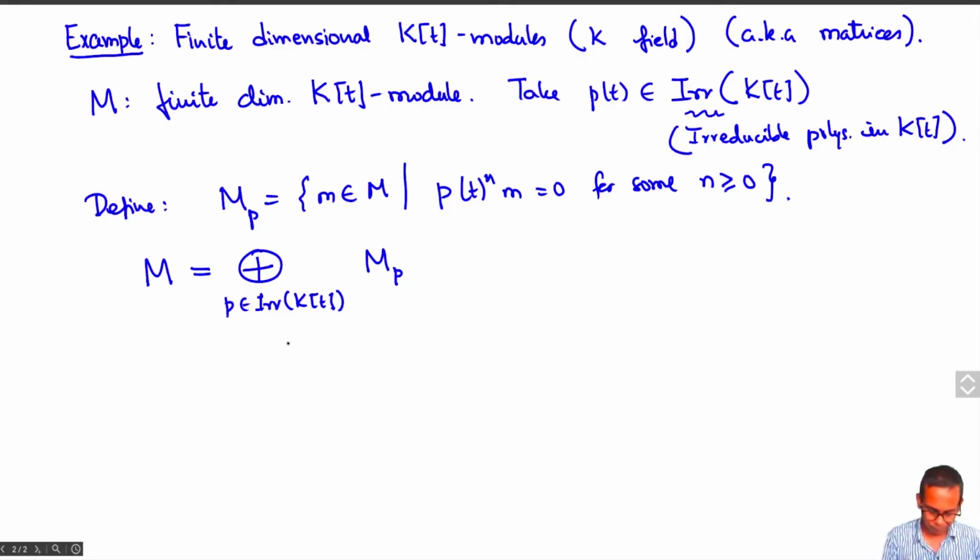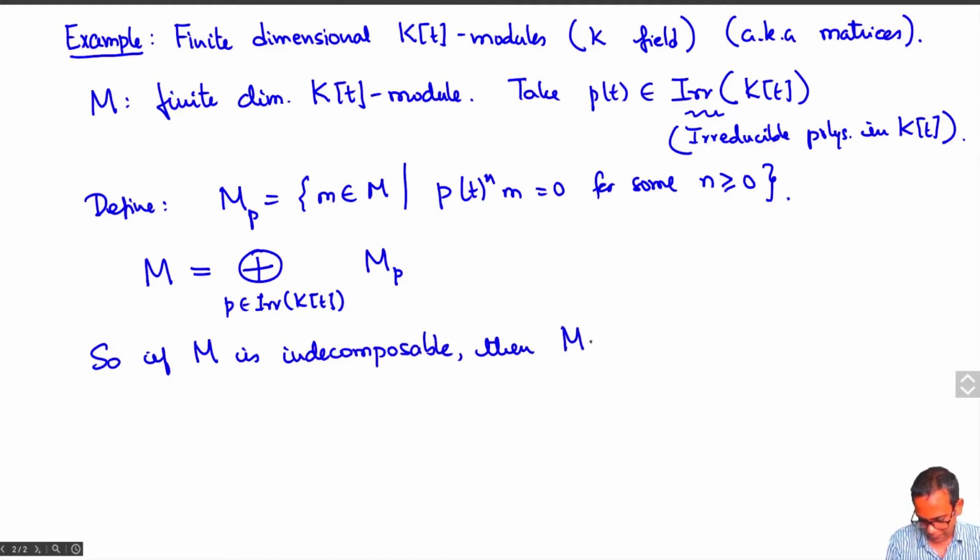So you get a canonical direct sum decomposition of M. There's no choice here. But then each M_p need not be indecomposable in general, but certainly if M is indecomposable, then M equals M_p for some irreducible polynomial p(t) in K[t].